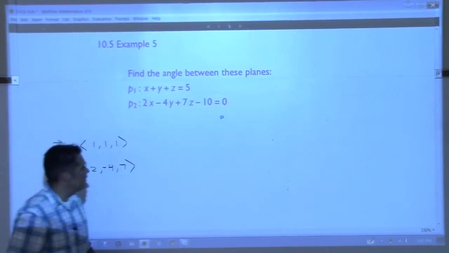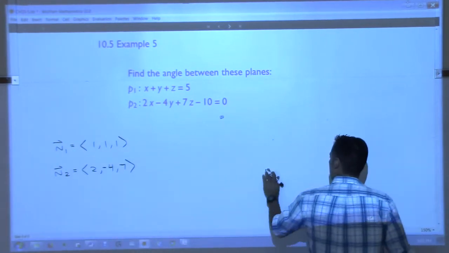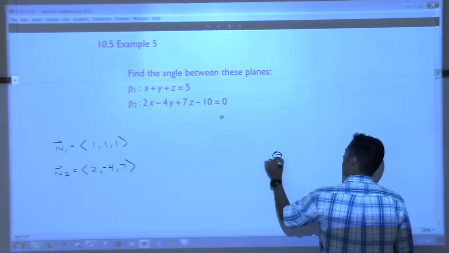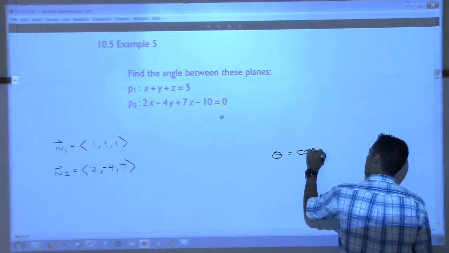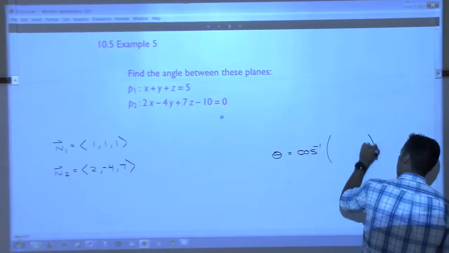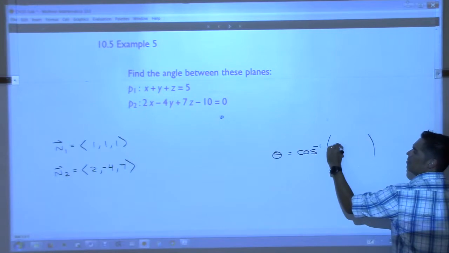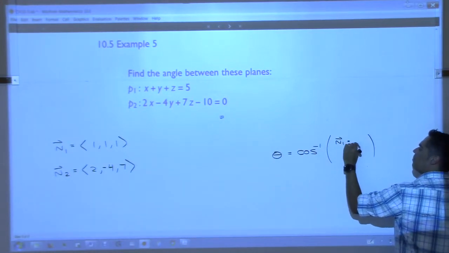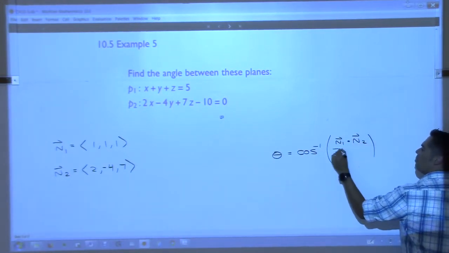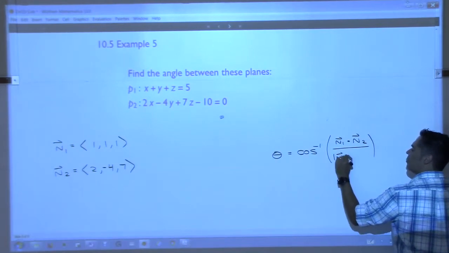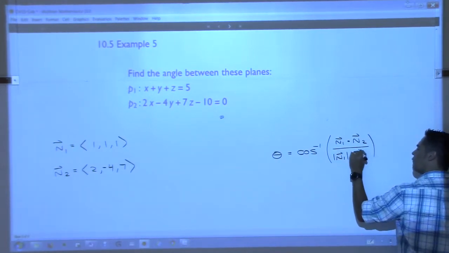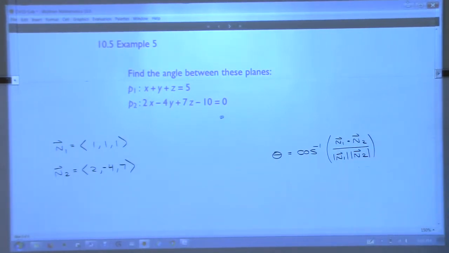So using the formula from last class, theta was equal to the inverse cosine of u dot v over the magnitude of u times the magnitude of v. So for us, it'll be n1 dotted with n2 over the magnitude of each of those. So that's what we're going to use.